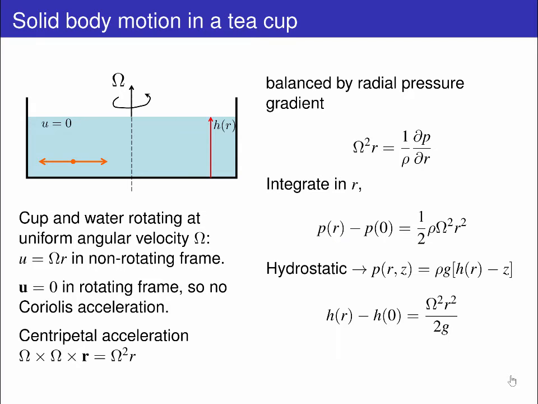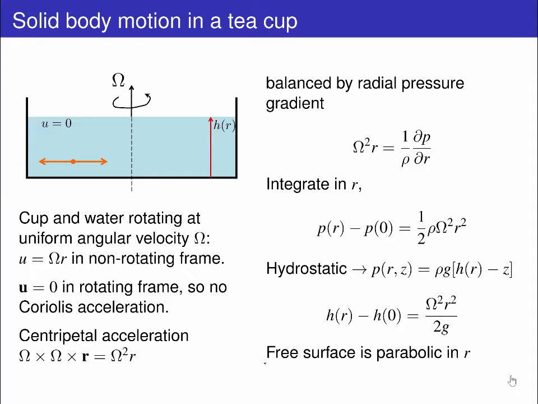Consider the water to be hydrostatic, so the pressure at r, z is just the density times gravity times the difference between the free surface height at r and z. This is substituted into the pressure integral to return the difference in height between a radius of 0 and r as omega squared times r squared on 2 times gravity.